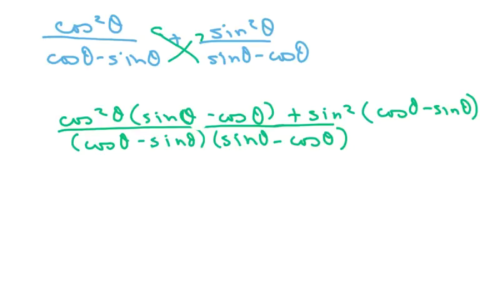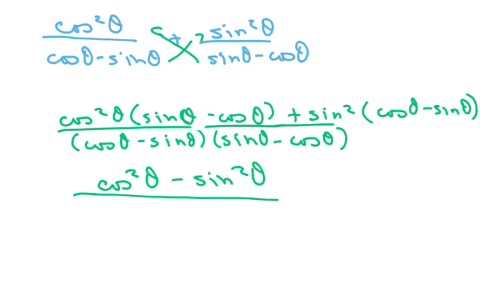All right? And what you're going to get is cosine squared of theta minus sine squared of theta over cosine of theta minus sine of theta.